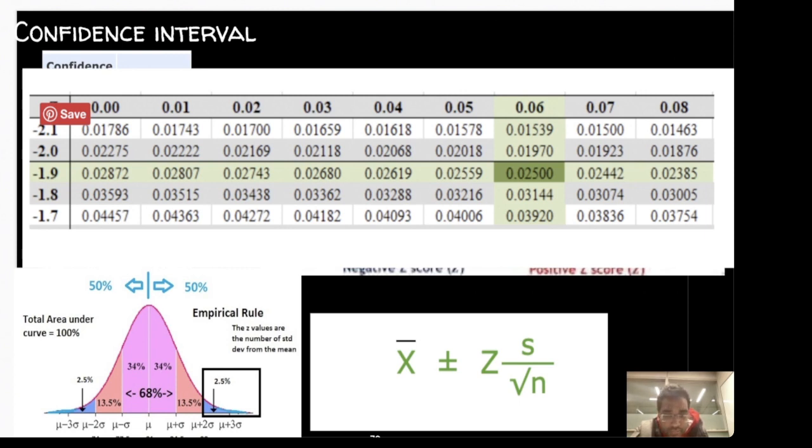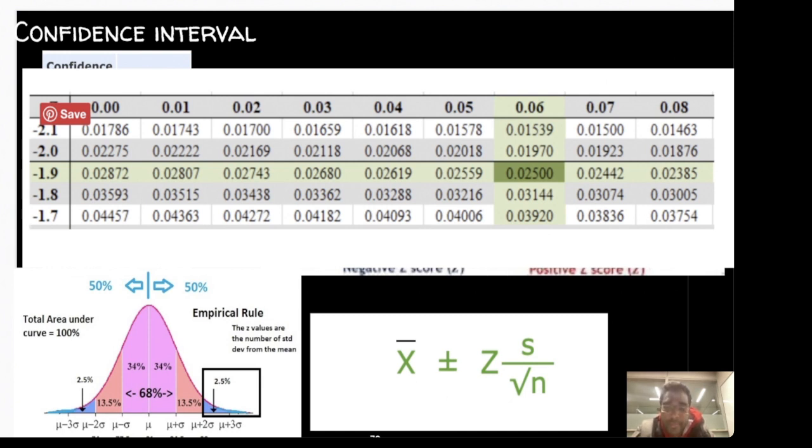Plus is for the right side, minus is for the left side. So the area, which is the p value, is 0.025, so it's 2.5%. You can see in the diagram, 2.5% is your blue area.